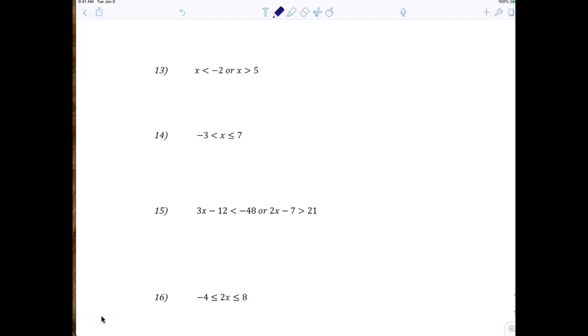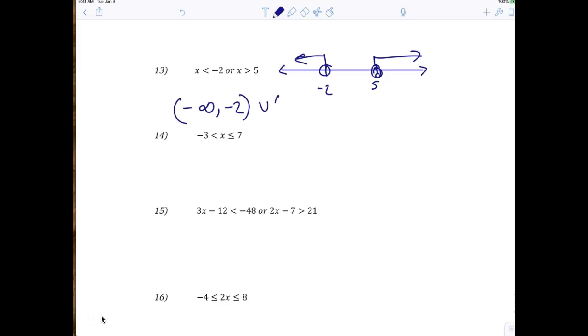So sometimes I used to tell the kids, do it on a number line, and that way you'll always be correct. Here is -2, here is 5. We're greater than 5, and we're less than -2. So that means we're going from -infinity to -2, union 5 to infinity. Any issues with that?